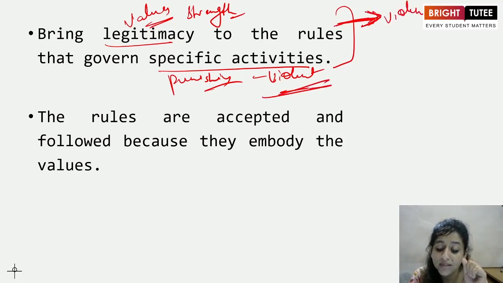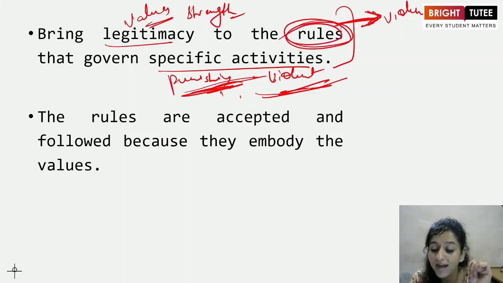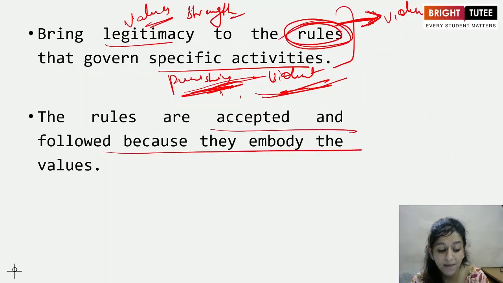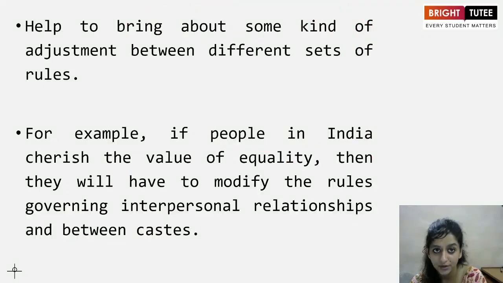If someone gets violent and is not punished for it, that will not give any legitimacy or any strength to the rule that is being built around it. That is why the rules are accepted and followed, because they embody the values. They combine all of those values together.